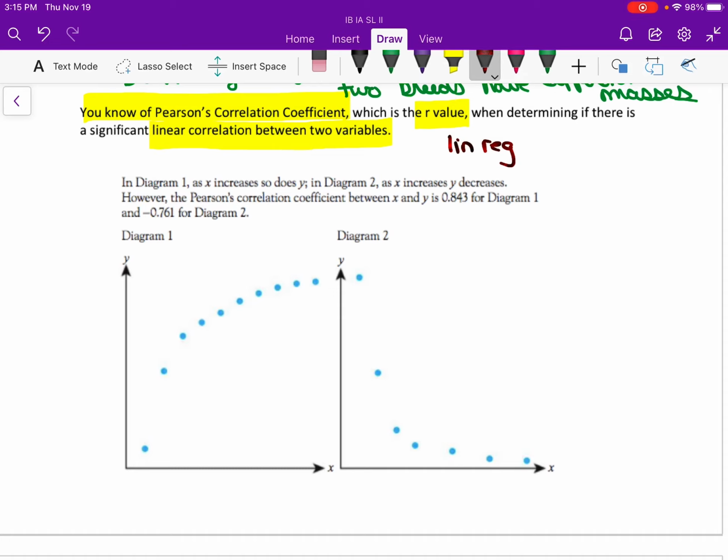And diagram 2 is as x increases, y decreases. Pearson's correlation coefficient between x and y is 0.843 for diagram 1, meaning we can kind of form a best fit line. We have some outliers, and not so great here, but we can form a negative correlation for diagram 2.